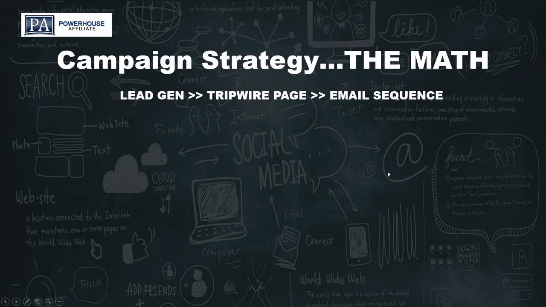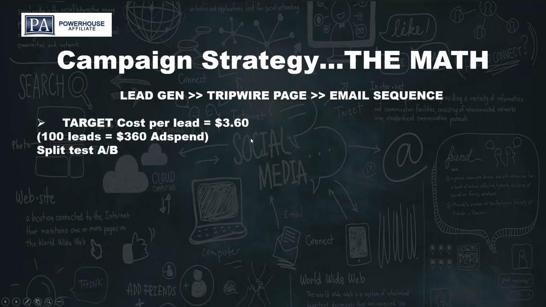So what we're doing is a lead gen campaign, and it's going to be going straight to a tripwire page after they enter their email, and then they get an email sequence. So my target cost per lead is what I'm going to be aiming for on Facebook. I want to be able to get a lead into my sequence for $3.60. Okay, this is a target I've just come up with.